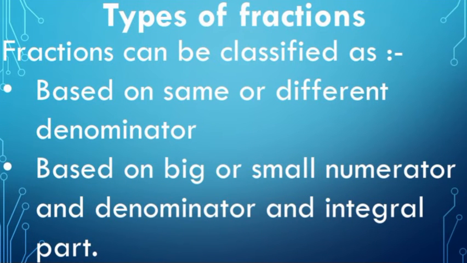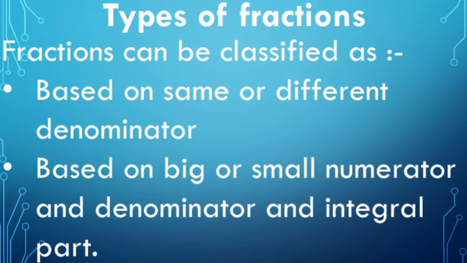Types of fractions. Fractions can be classified based on same or different denominator, and based on big or small numerator and denominator and integral part. This means that if the denominator is the same, it is known as one type of fraction, and if the denominator is different, it is known as another type of fraction.